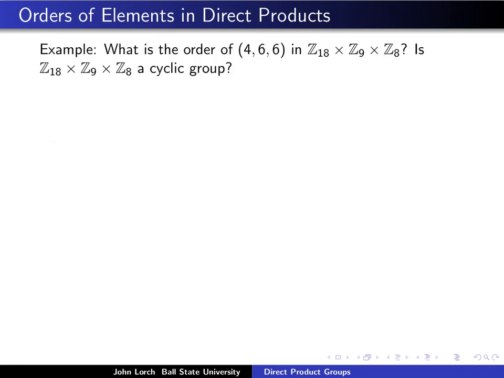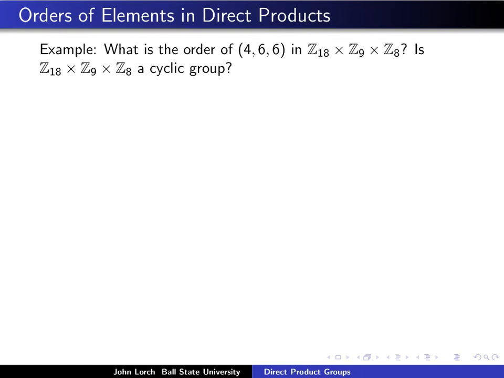Okay, let's apply this theorem to answer a couple of questions about our favorite direct product group, Z18 cross Z9 cross Z8. So one of the questions is, is that group cyclic? And from part 2 of the previous theorem, we see that each one of the component groups is a finite cyclic group. And that means in order for this direct product to be cyclic, the orders of each of these component groups must be pairwise relatively prime.